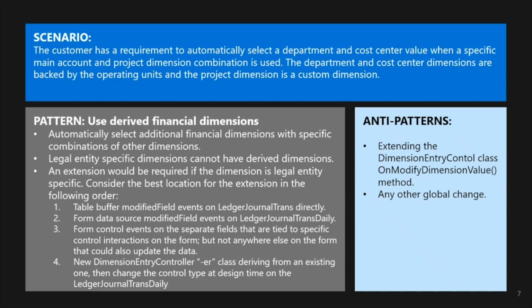And the anti-pattern here is to change the dimension entry control, which would be on all forms, because it's a global sort of change, and it will probably have unintended consequences where you won't want to have that behavior all the time.